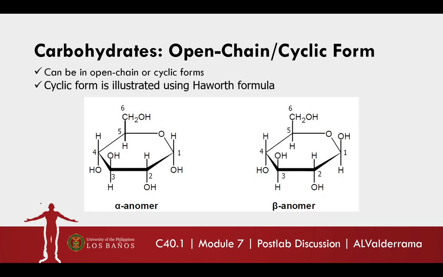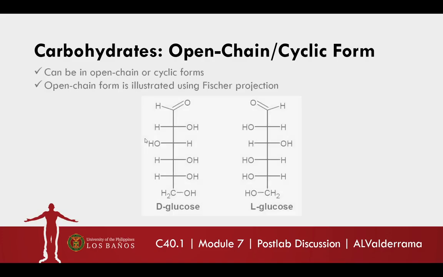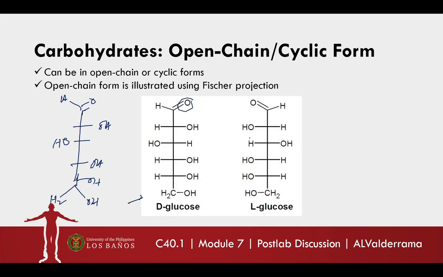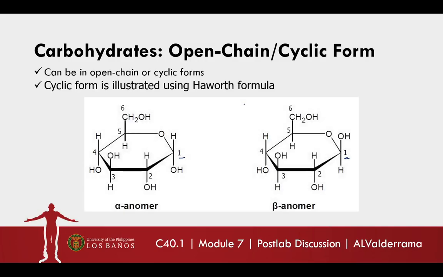So dito meron tayong alpha anomer and beta anomer. So yung anomer natin is yung anomeric carbon, which is your carbon 1. Siya yung nag-connect dun sa ating oxygen or yung oxygen na nandito. And it can be termed as alpha if your hydrogen is oriented to the top position or sa taas.